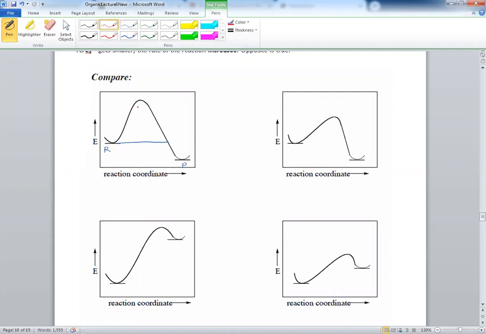EA would be the difference between the peak and the reactants. And delta H would be the difference between the reactants and the products.